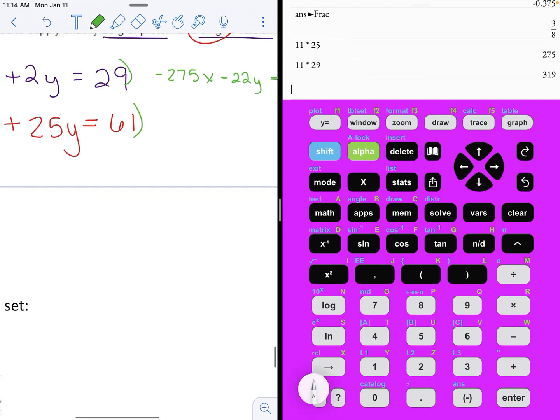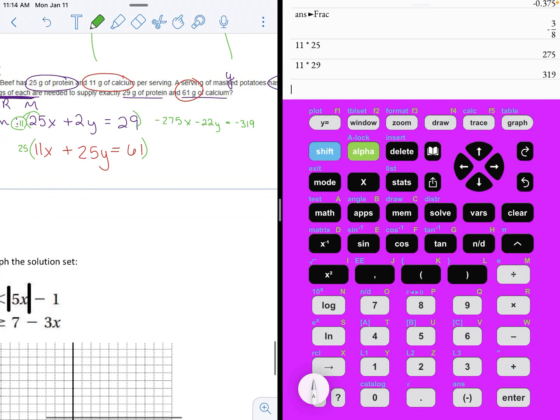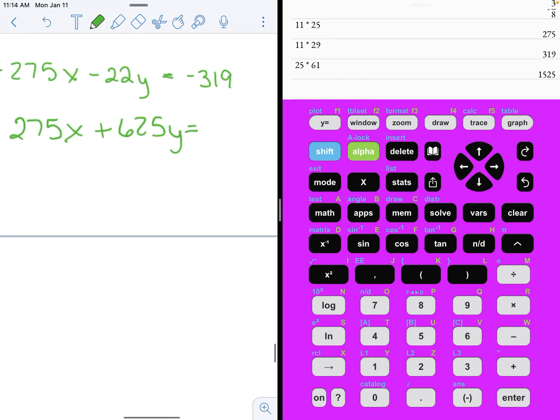Now let's distribute 25 into there. So this is going to be positive 275x, and 25 times 25 is positive 625, and 25 times 61 is 1525.